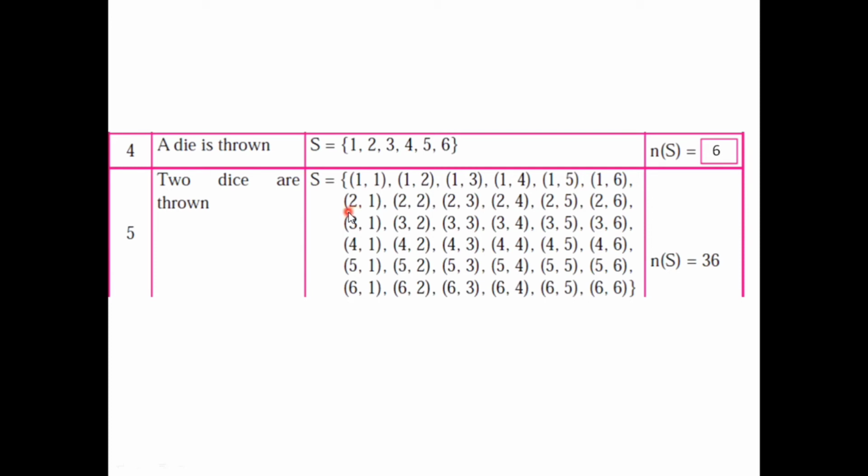There is another possibility that on the first die we get 2, and on the second we get 1. Then we get 2 2, 2 3, 2 4 up to 2 6. In the same way we get 3 1, 3 2 up to 3 6. In this way we get 6 6. So as there are in all 36 sample points, N of S is equal to 36.